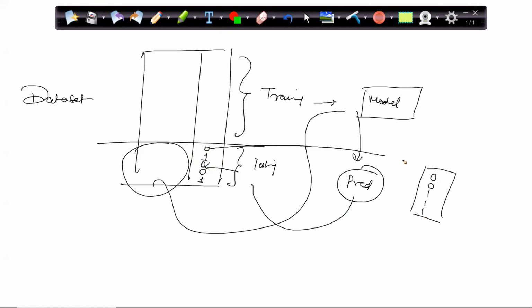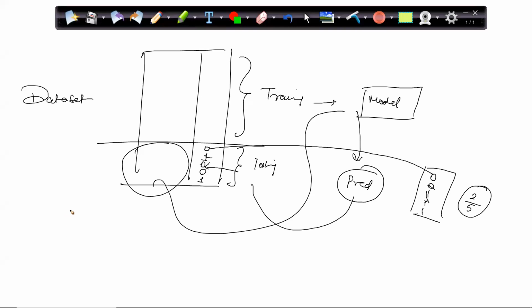So the first record is correctly classified, the second is wrongly classified, the third and fourth are wrongly classified, and the fifth is correctly classified. So out of 5, only 2 records are correctly classified. In that case, my accuracy comes out to be 40%. That is how we can check the accuracy as well.